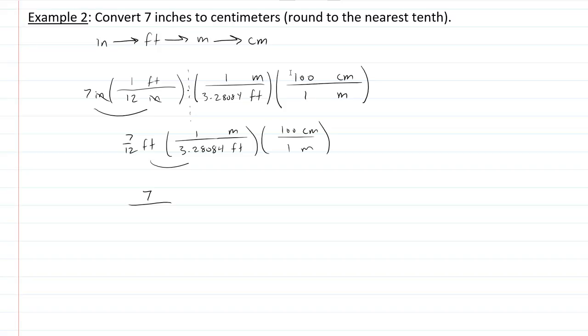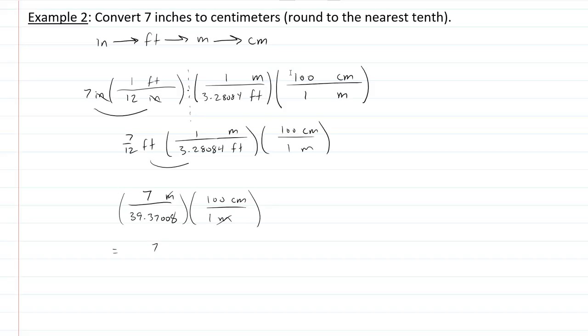So then multiplying this out now, we get 7 over 12 times 3.28084, which ends up being 39.37008 times, and this is in meters now, times 100 centimeters over meters. So now when we compute this, the meters cancel.